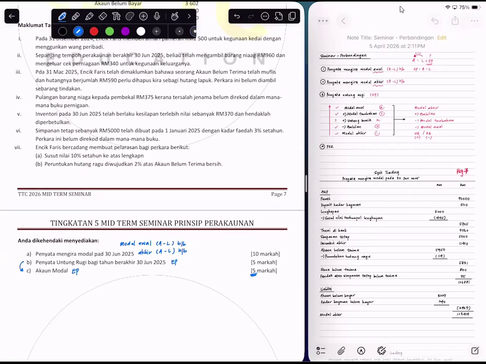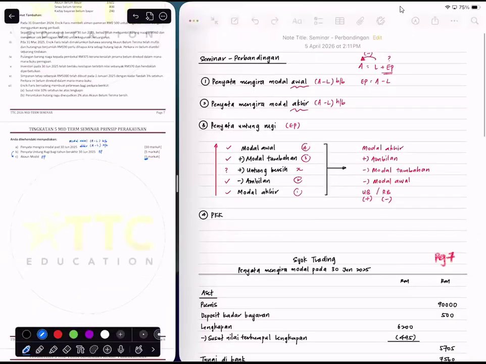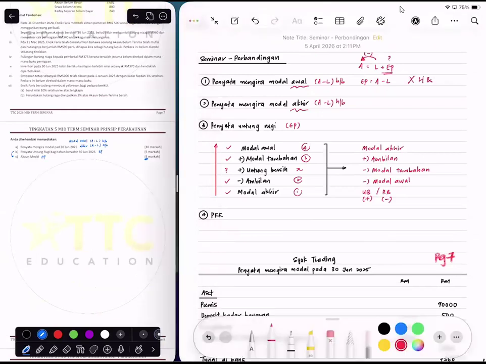Can anyone answer me? Do you need any hasil and belanja? No more, huh? You don't need any hasil and belanja for kaedah perbandingan at all. So, I will put it into the notes. In this kaedah perbandingan, we don't need any hasil and belanja. That means if later you see any hasil and belanja, ignore it. You don't need to record it at all.